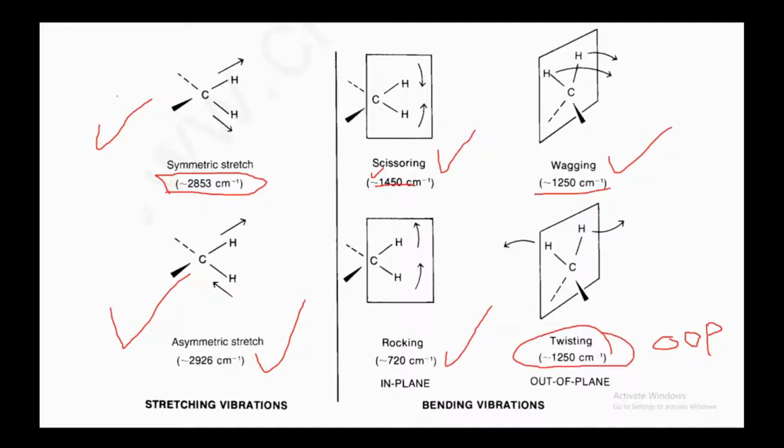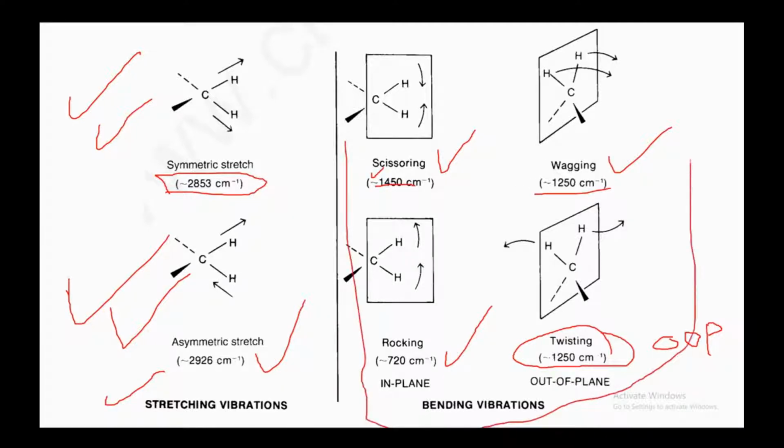So symmetric and asymmetric are stretching vibrations, and scissoring, rocking, wagging and twisting, these four are bending vibrations. Two are stretching and four are bending vibrations.